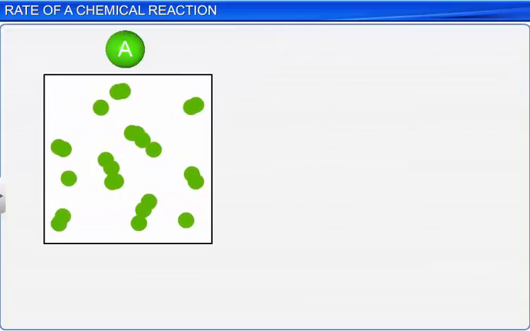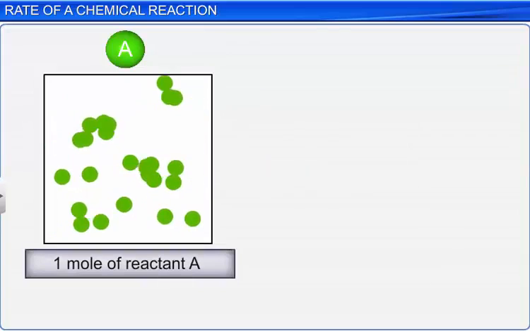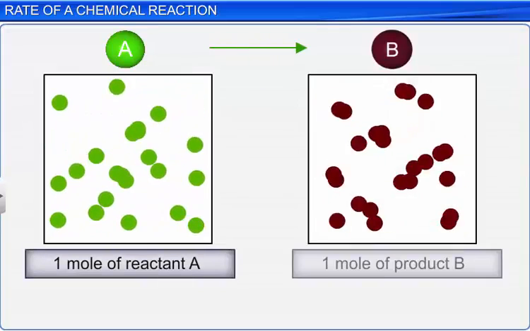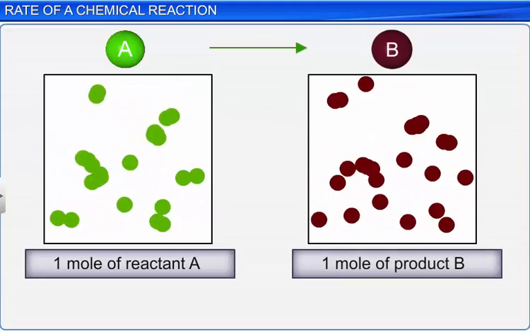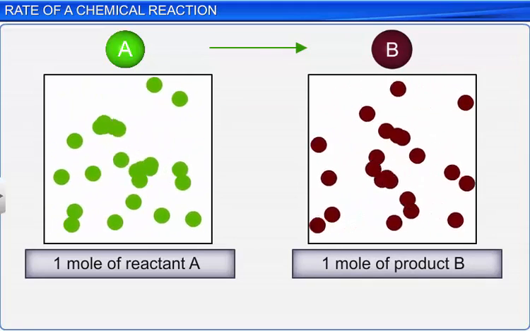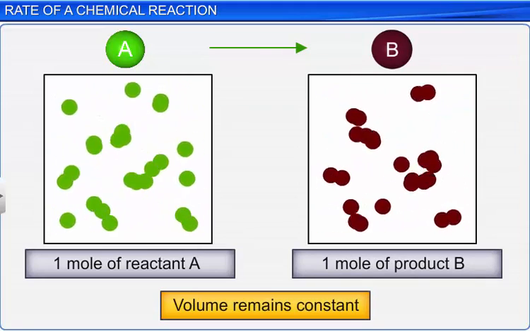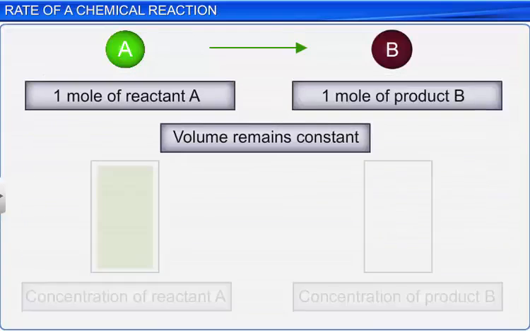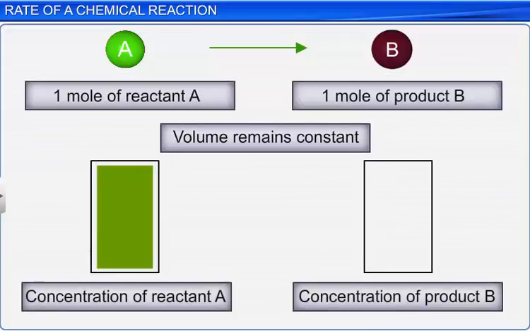Consider a simple reaction in which 1 mole of a reactant A produces 1 mole of product B. Let us assume that the volume of the system remains constant. Initially, that is, at the beginning of a reaction, the concentration of reactant A is maximum, while the concentration of product B is 0.